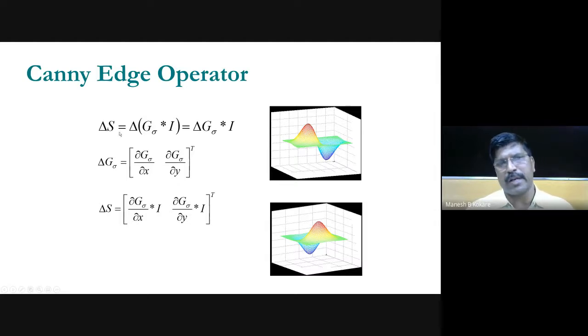This is the function delta S: you convolve the Gaussian with the input image and take the derivative. The derivative of the Gaussian function is nothing but the partial derivative in the x direction and y direction, so you are taking the derivative of the Gaussian and convolving it with the image.